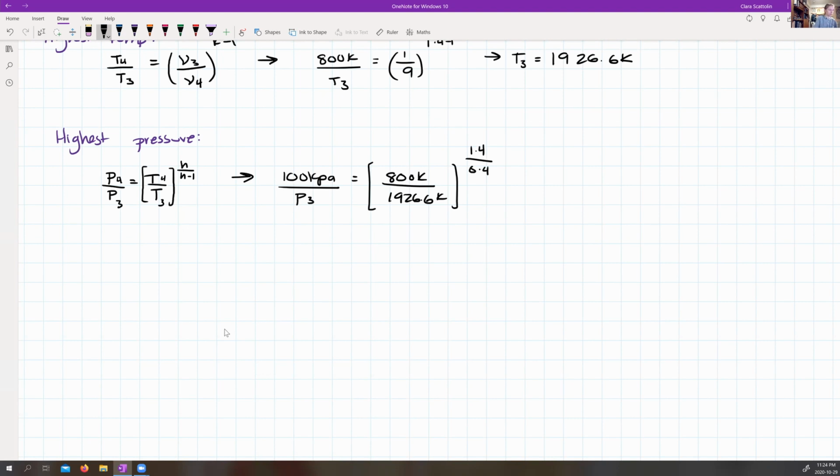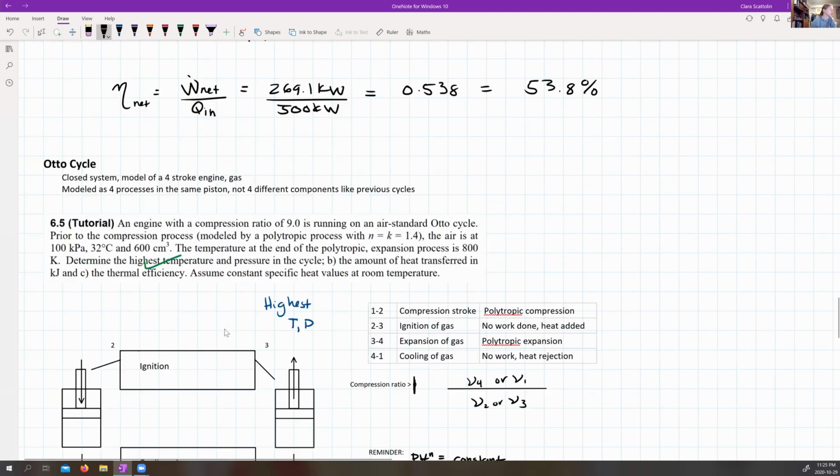And if I do that math, I will get a P3 of 2,167.5 kPa. All right, so that answers the part asking highest temperature we got, highest pressure we got.